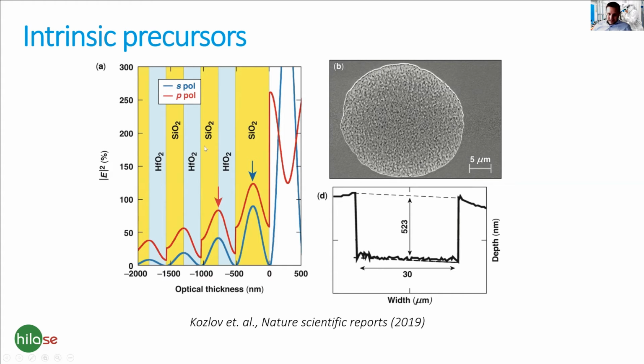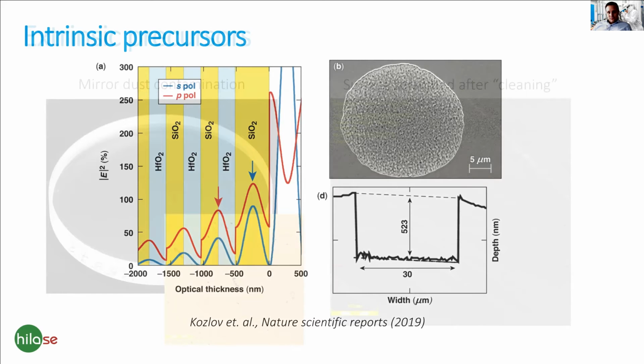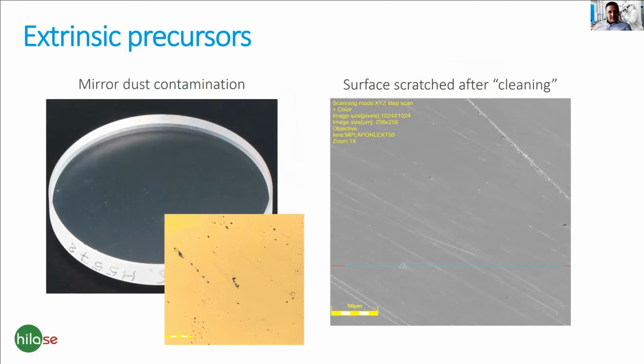And because the particle, the contaminant, will be absorptive as well, you are simultaneously increasing the E field intensity and heating the surrounding material. The consequence of such an effect can be just one, and that is creation of a void, more absorption, and finally destroying the structure of the material, the formation of a crater. So that's about the intrinsic precursors.